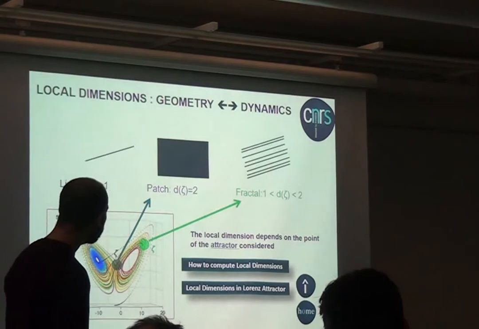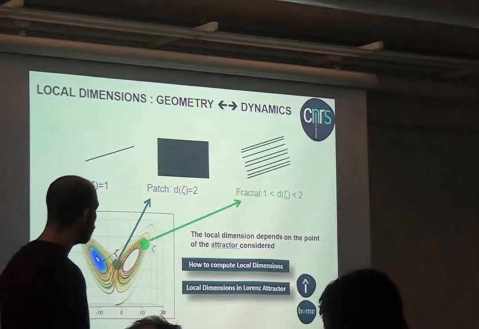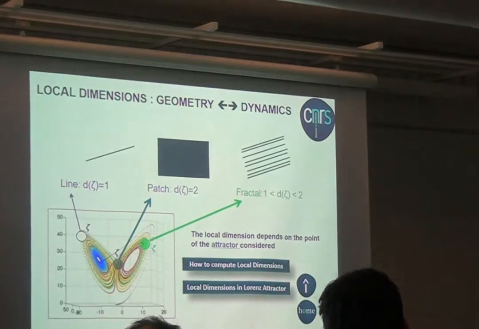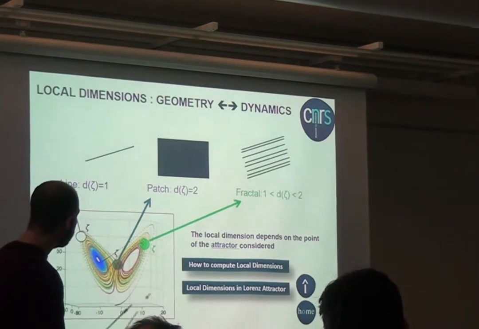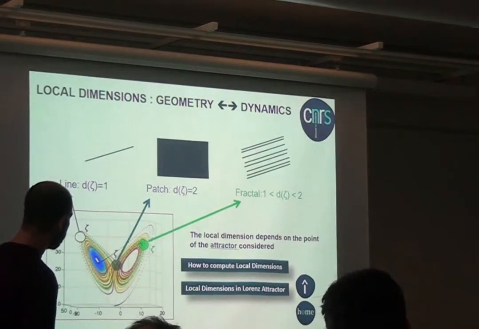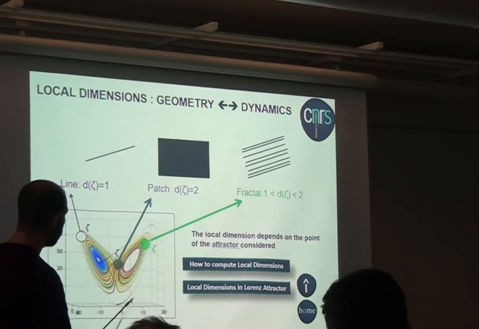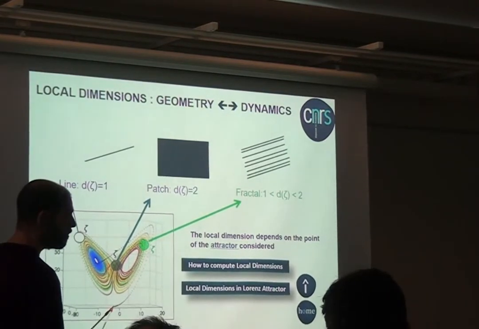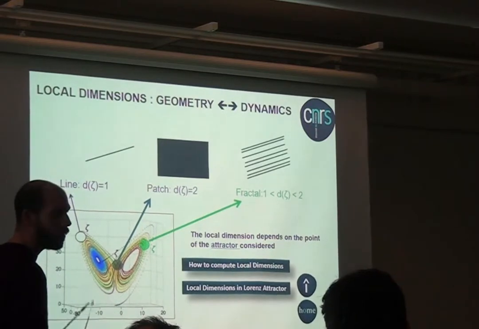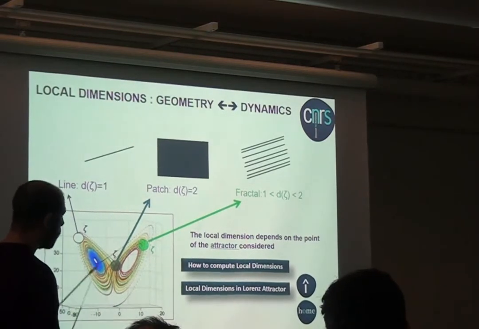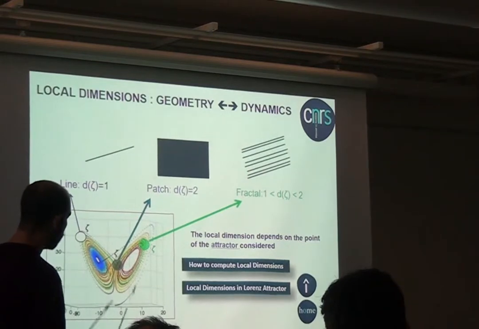So this is the Lorenz attractor that you probably have seen at least once in your life. It's a system of three equations, three variables x, y, z. And you see that if we start from an initial condition that is outside this compact object, we end up falling on the attractor.